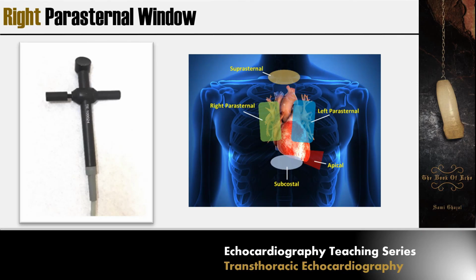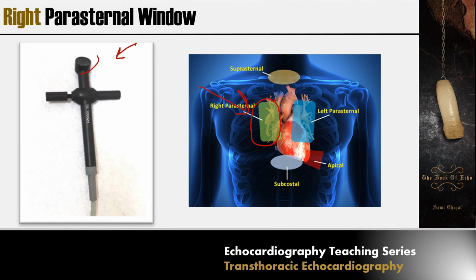A word on the right parasternal window. So here is the right parasternal window, and the main use here is to use this probe and this window. This is the PEDOF probe or the pencil probe or the non-imaging probe, because this probe will not produce an image. It will produce a spectral Doppler, a continuous wave spectral Doppler. Why do we use it?